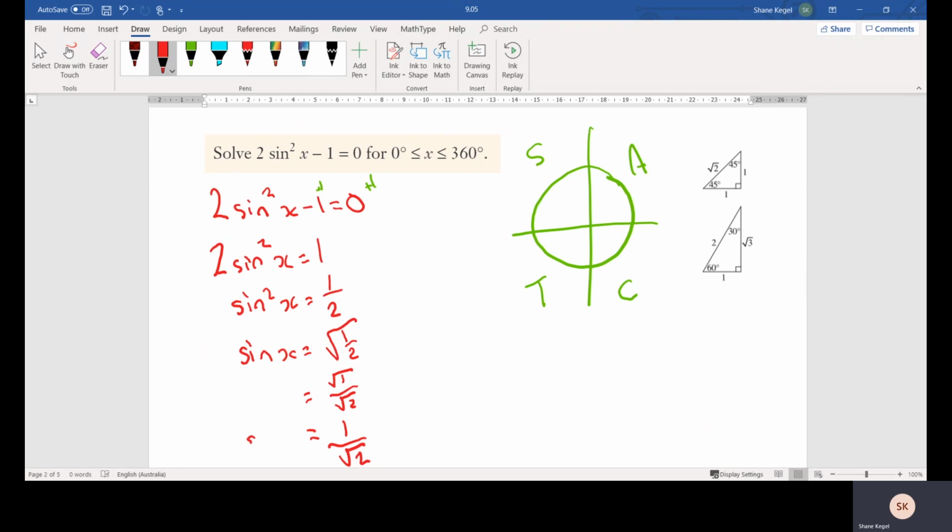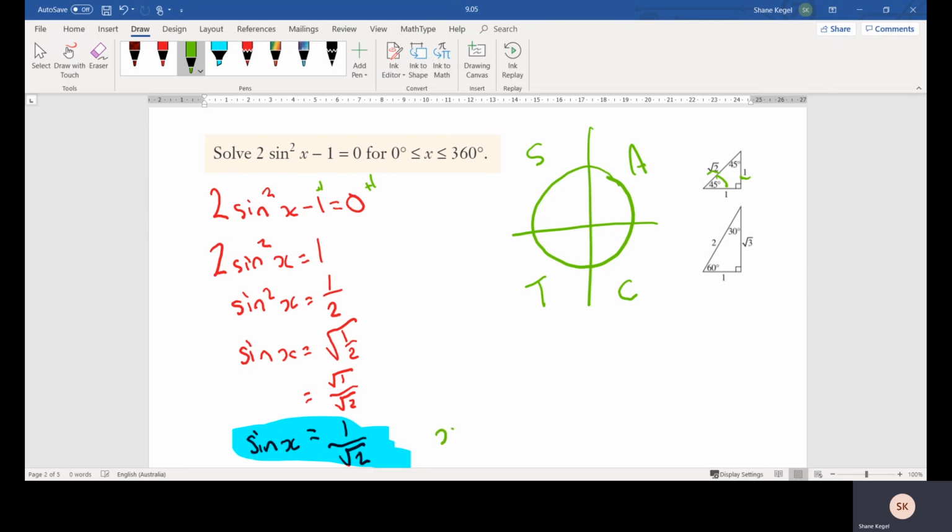Okay, so let's just put my sine x in here. Now I can equate given my exact value here. So looking at my triangle, I need to find x when I get 1 over root 2. So 1 over root 2 with sine is opposite over hypotenuse. I can say 1 over root 2 happens in this triangle, and therefore my angle must be 45 degrees.